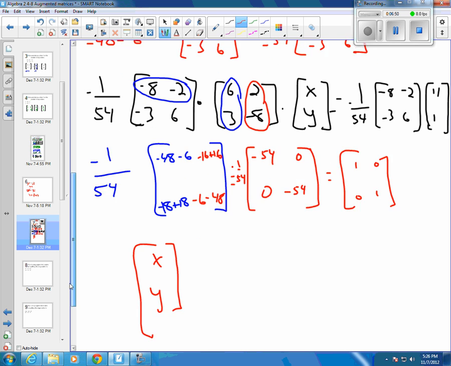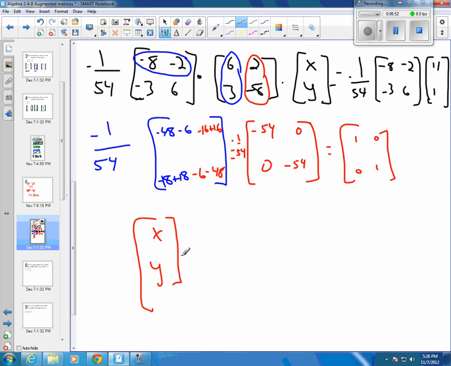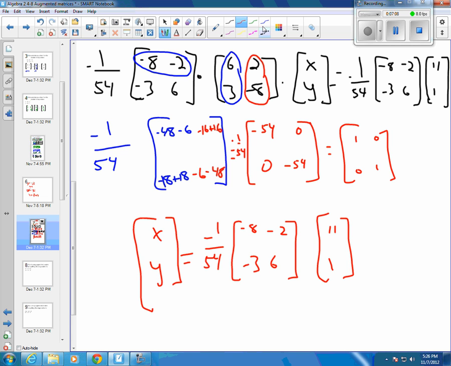Now we need to do the other side. So this is going to be equal to the negative 1 over 54 times the negative 8, negative 2, negative 3, and 6, and the 11, 1. So I'm going to multiply my 11 and 1 times the top.